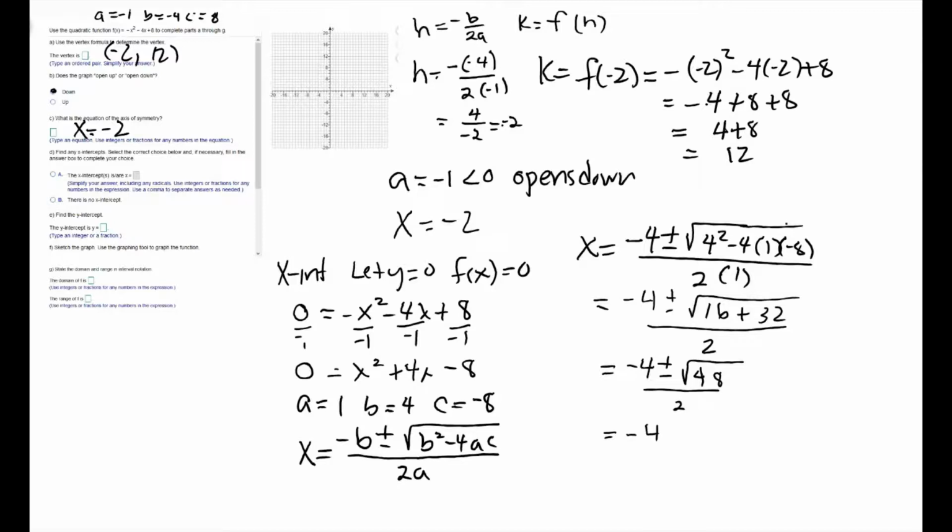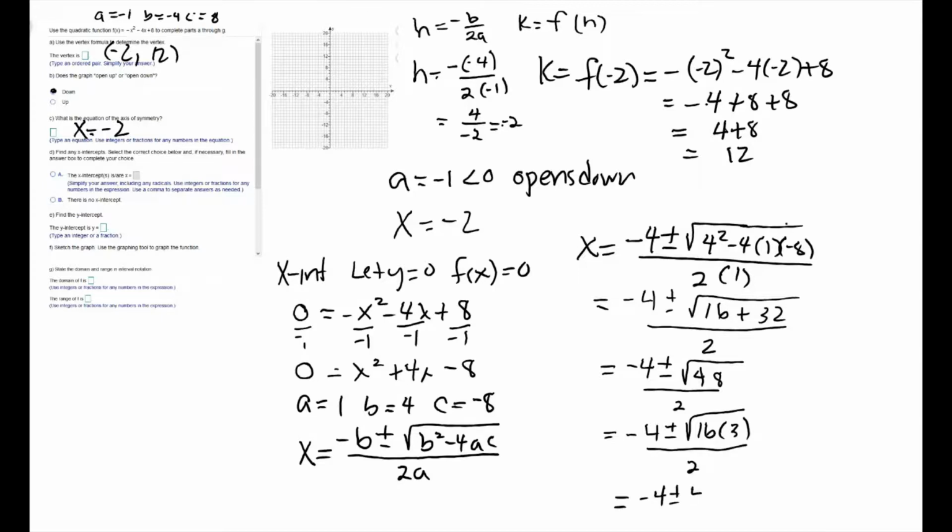Then I'm going to simplify the radical. 48 factors to be 16 times 3. The reason I factored it this way is because 16 is a perfect square, and I'll be able to simplify that radical.